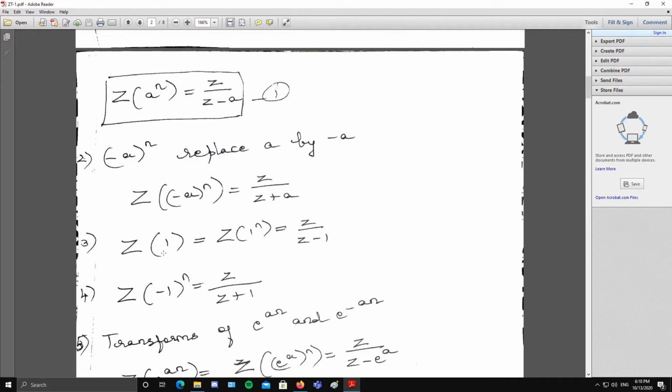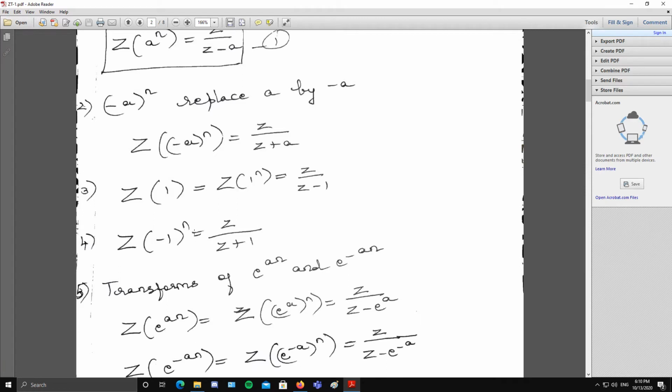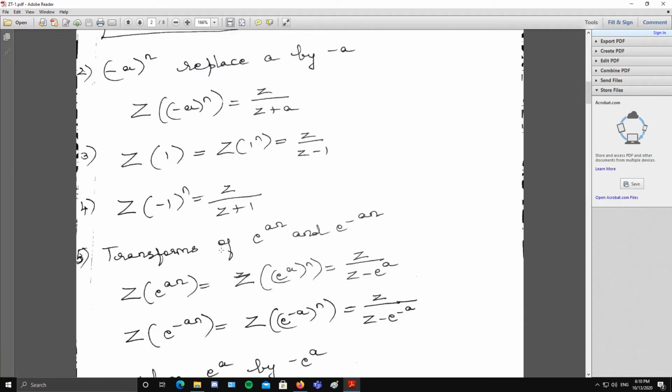Then if you have Z of 1, that is Z of 1^n, it is Z by Z minus 1. Now Z of (-1)^n, in place of 1 if you have minus 1, it is same as Z by Z plus 1. Then the next one, transforms of e^(an) and e^(-an).